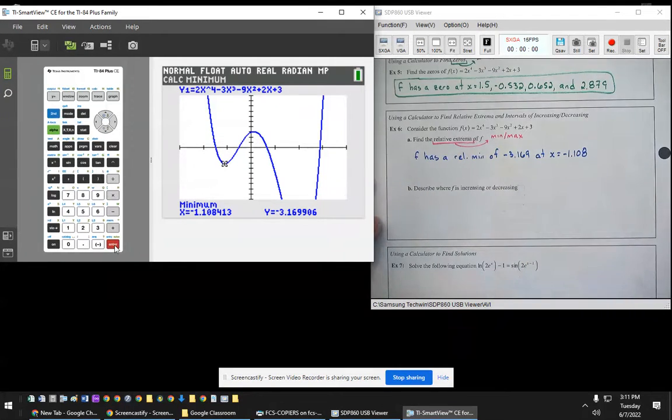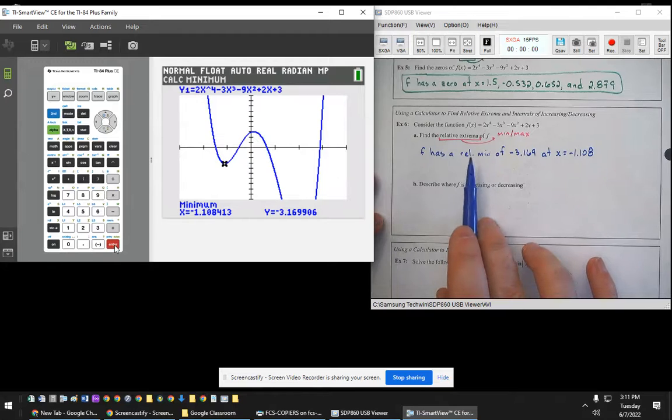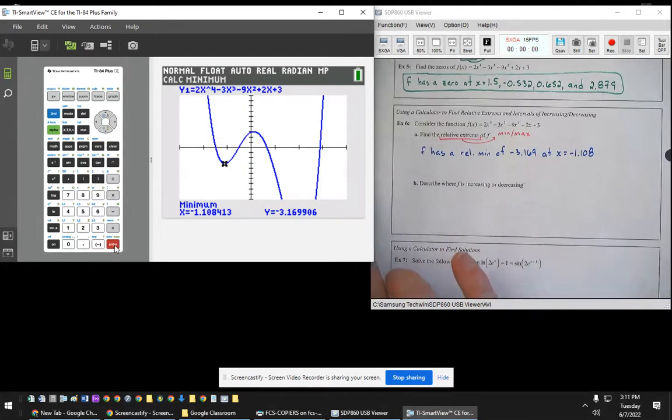You see how I wrote that up? Relative min means that it's relatively the lowest point on the graph. This point right here is relatively the lowest because relative to the points around it, it's a low point. Is there another low point on this graph? Yeah, there's a point lower down here somewhere. But relatively, that's my low point. Relative to the ones around it, that's what we call it, a relative min.